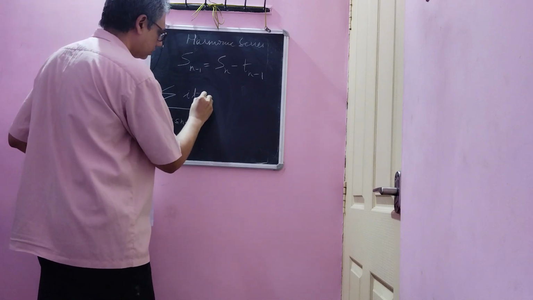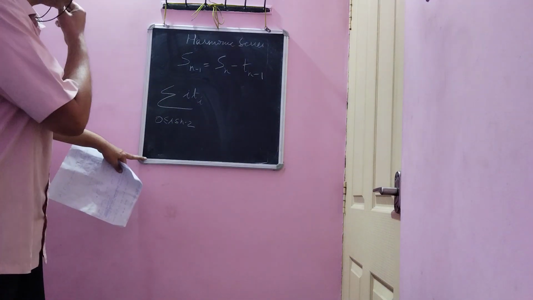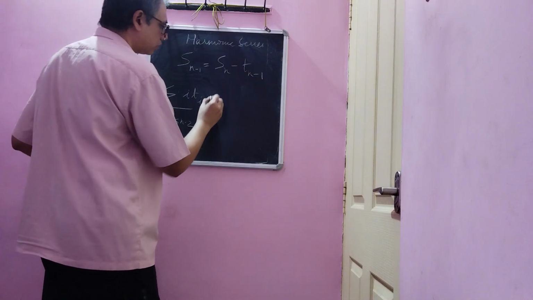Note that here I am considering only up to n minus 2 terms, because that is what must be substituted in order to find Sn.